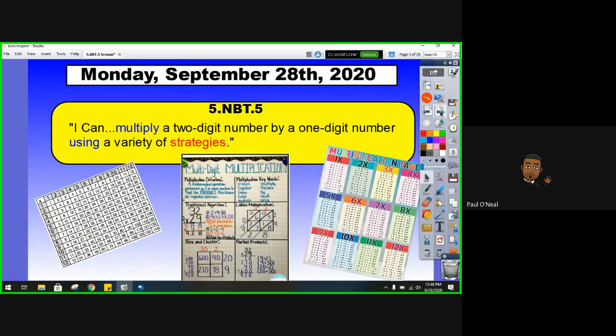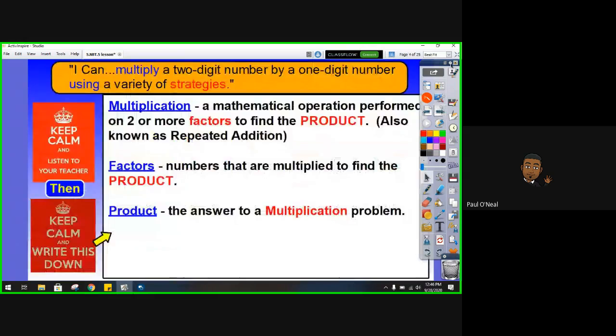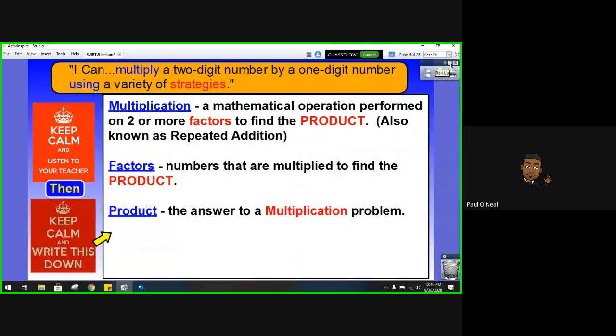All right, so let's take a look. Some key vocabulary that I want you to write down and focus on is, what is multiplication? Multiplication is a mathematical operation. Again, of the four operations, we have addition, subtraction, multiplication, division, right?